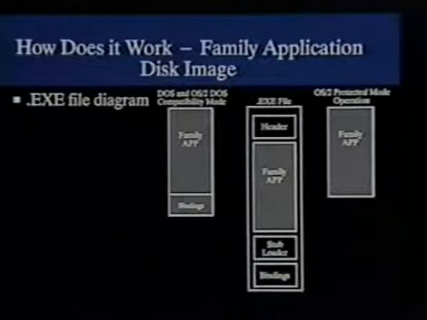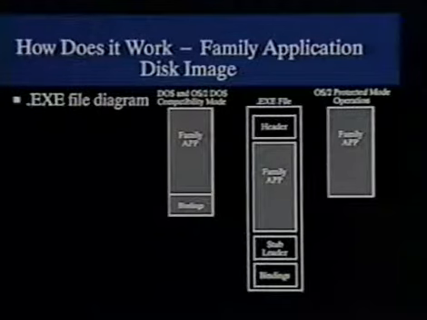This diagram shows what a family application looks like. It's built as an exe file, just like other OS2 applications. If you look in the center of the diagram, there's a header, followed by the bulk of your application, the gray area, and then two pieces attached to the end. There's a stub loader and what we call the bindings.